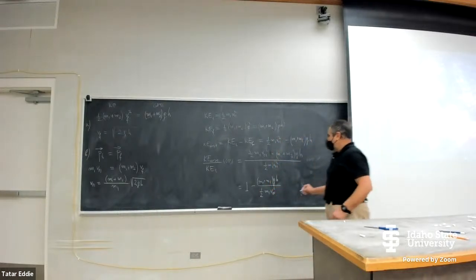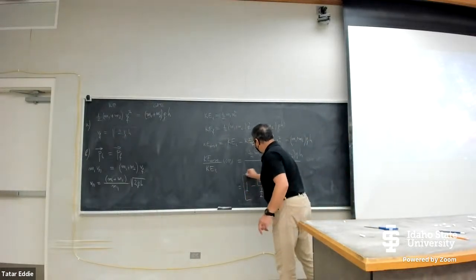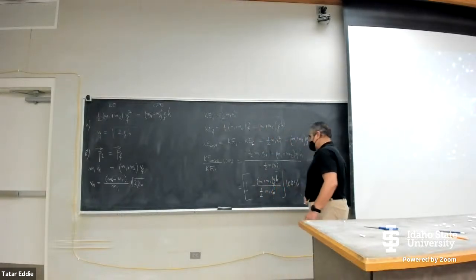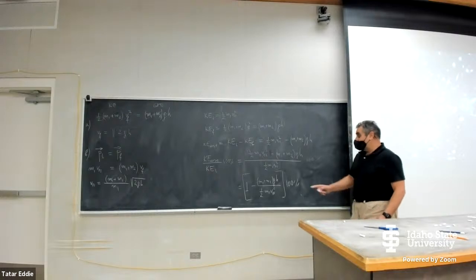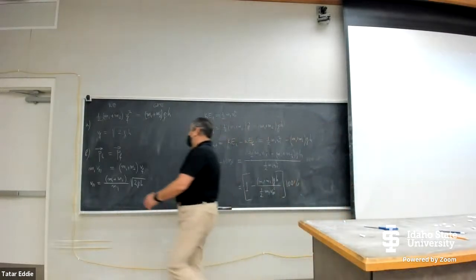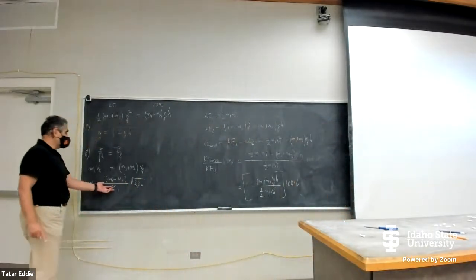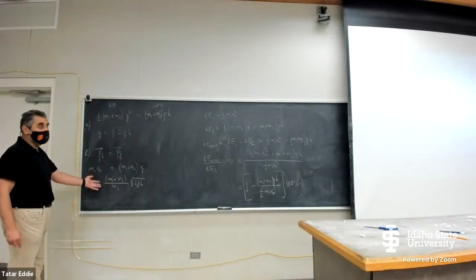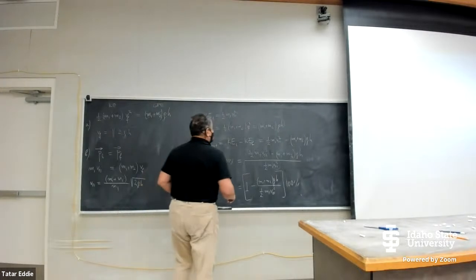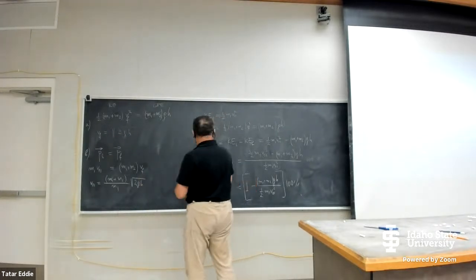Again, all of this has to be multiplied by 100 to get your percentage. And now you have to substitute V initial 1 of the bullet with this expression. It has to be squared. You're going to get some cancellations.